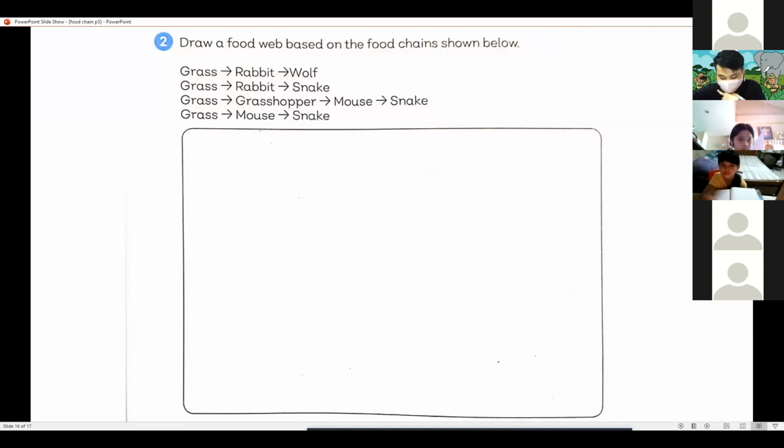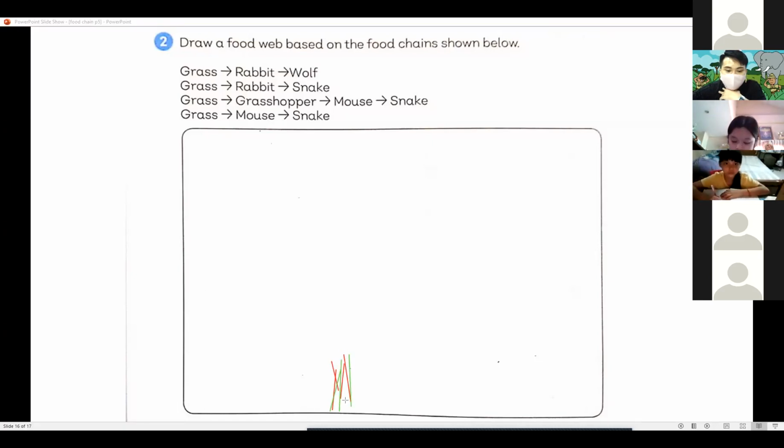If you cannot draw, maybe you can ask someone to draw because you have to draw this. For example, draw the grass here, grass here, grass here.